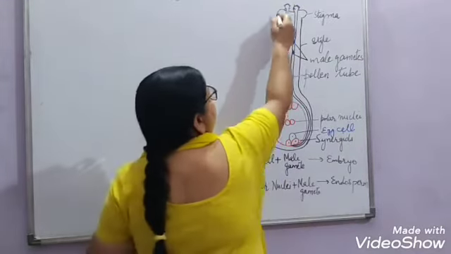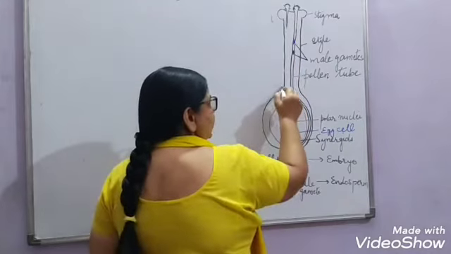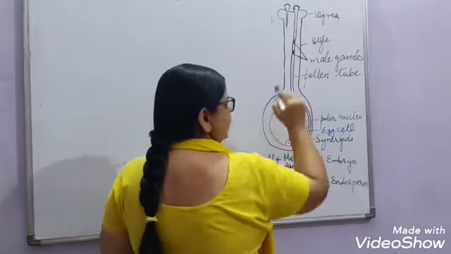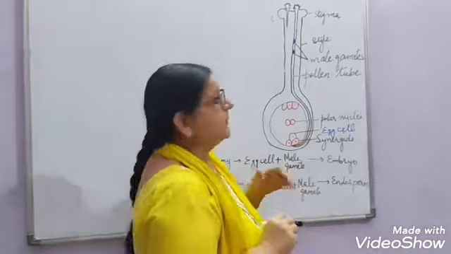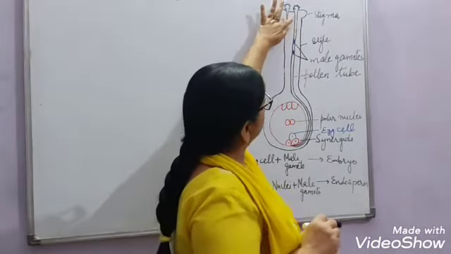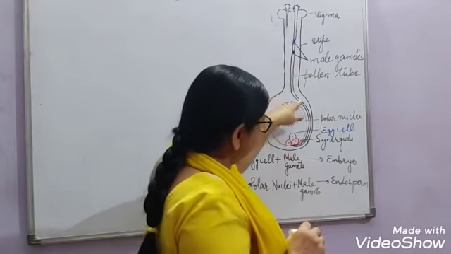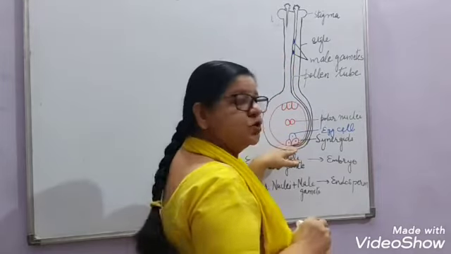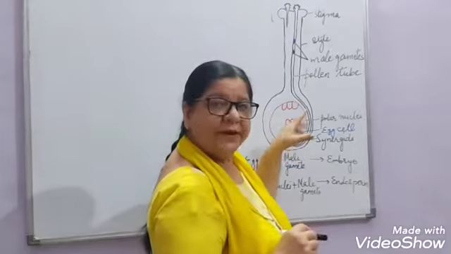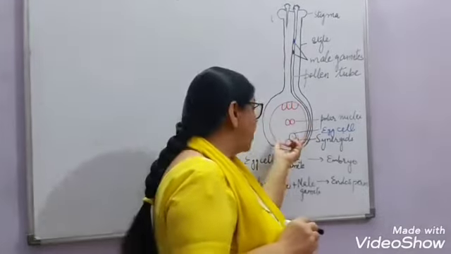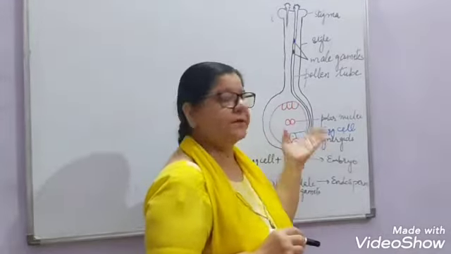This is the stigma, then this long tube is the style, and this oval structure is the ovary. So the pollen tube will develop and run through the style and will be attracted towards the ovary, right, where the ovules are present.